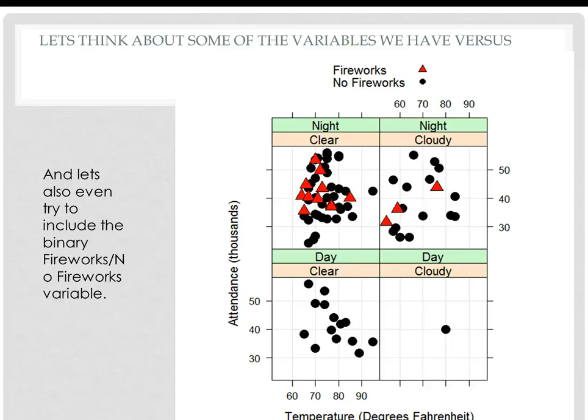Right, that's good. Exactly. That's called a hidden variable. The number of clear nights versus, okay, anyway. Yeah, so anybody else? Somebody else give us some more observations? Yes? There are more attendees if the temperature is from 90 to 80.